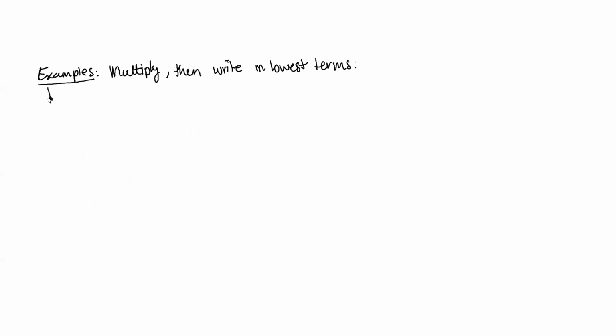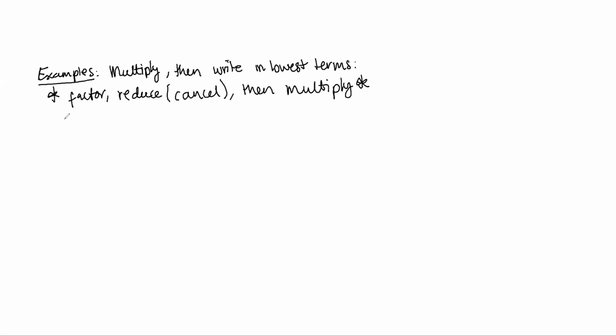And so the trick for these is to factor, reduce, by reduce I mean cancel, and then multiply. So just like we were doing with simplifying expressions in section 7.1, we always factored first and then canceled things out. Same thing here.